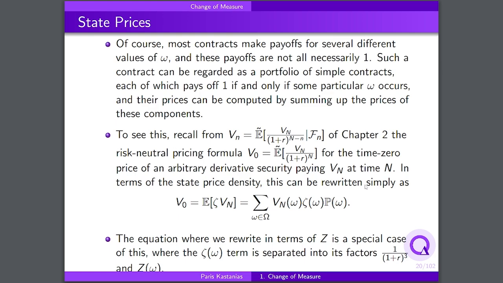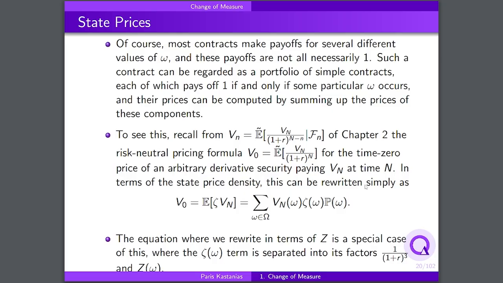To see this, recall that Vn equals the tilde expected value of V capital N divided by 1 plus r to the power of capital N minus n, given Fn.